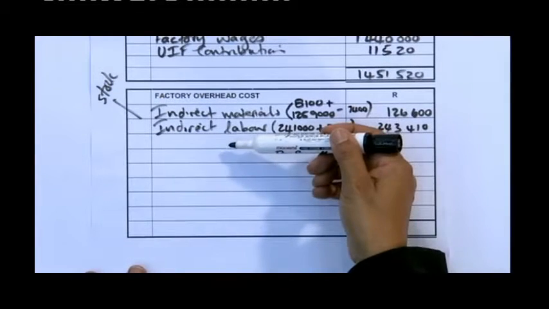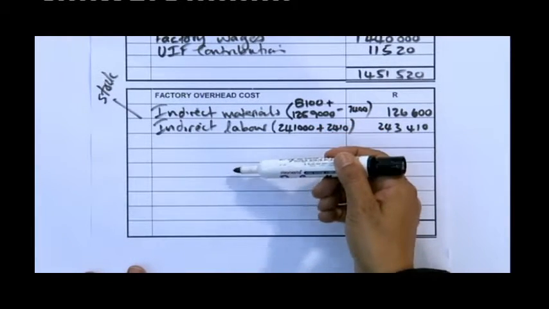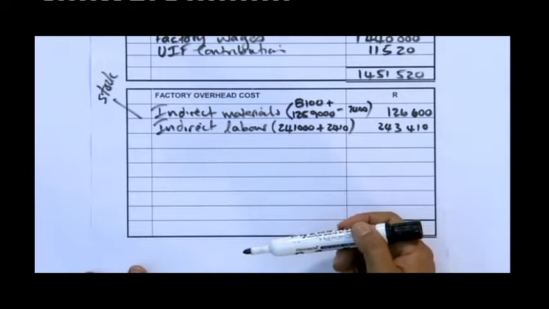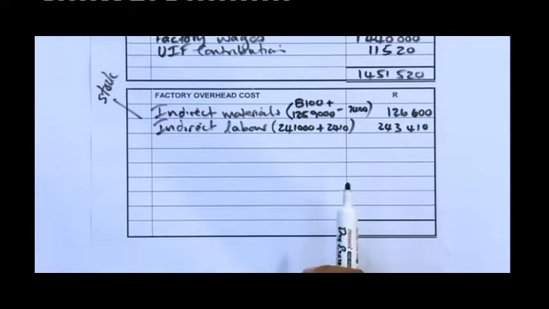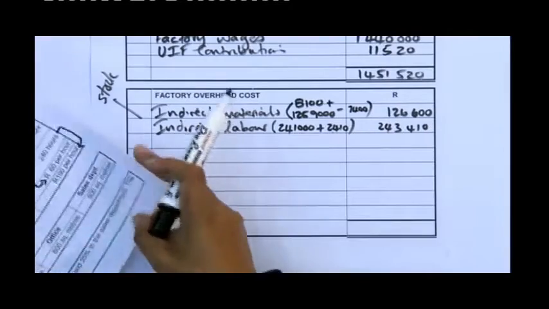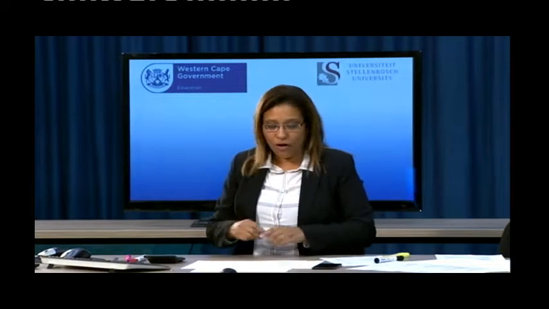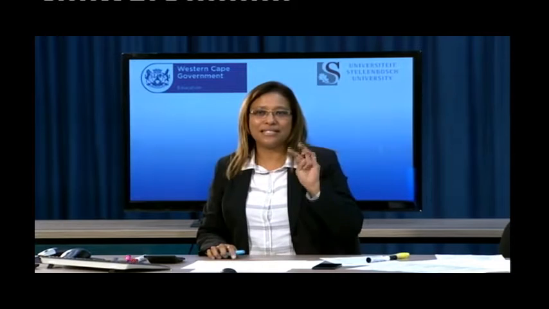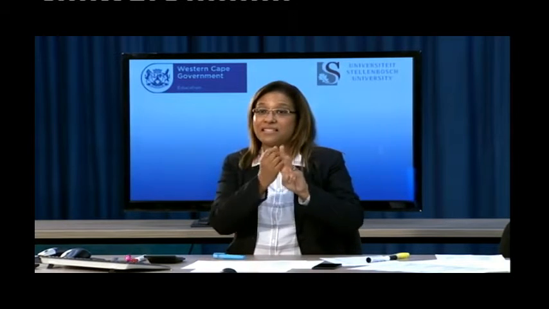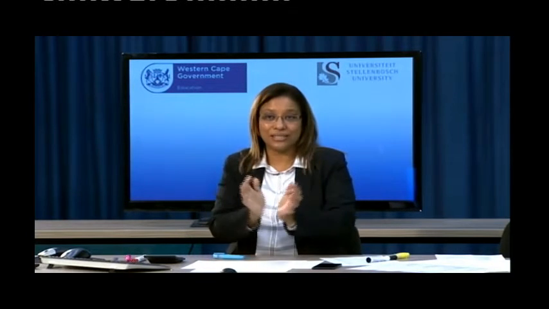Now I'm going to look for any other factory-related expense, and I'm going to list it here. Whenever the activity says office or anything else, the office area, the sales and distribution area, you simply ignore that because there's really three components to a factory. There's the physical factory where the production takes place.